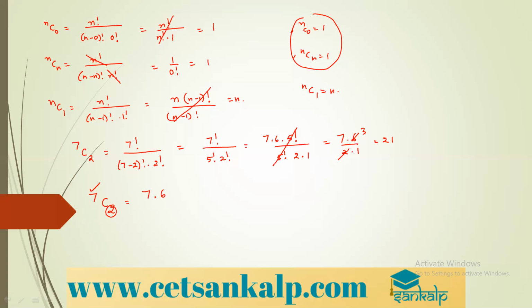Start with 7, take only two numbers, 7, 6, and because here 2 is there, divide by 2 factorial. So quickly you can say it is 21. Similarly, if you have 8C3, start with 8, take 3 numbers, divided by 3 factorial. So 6 and 6 will cancel, 56 will be the answer.